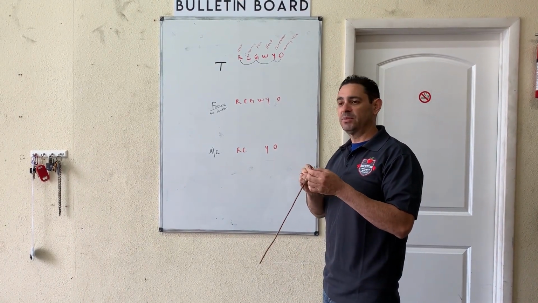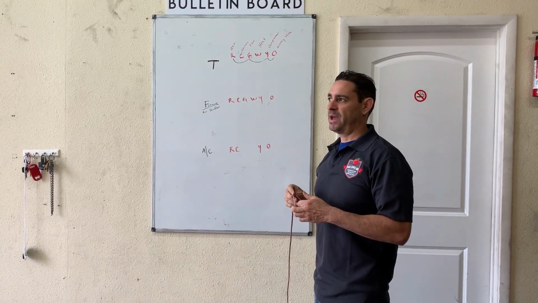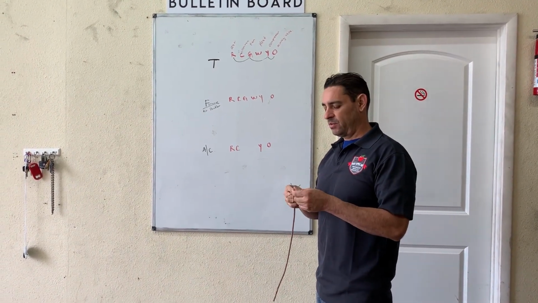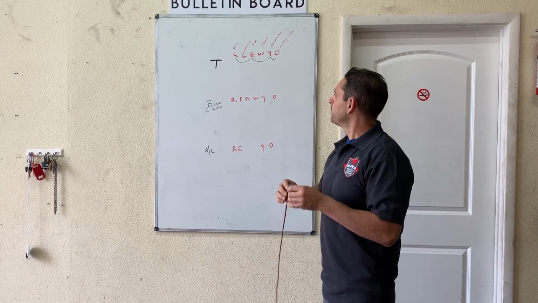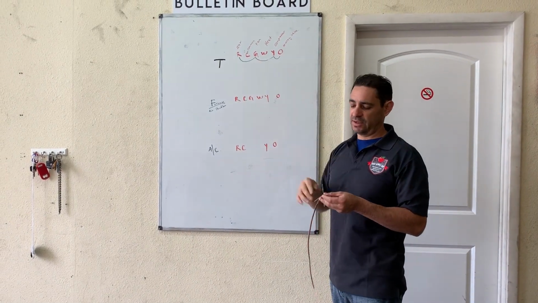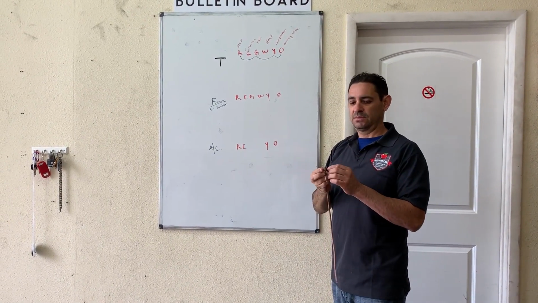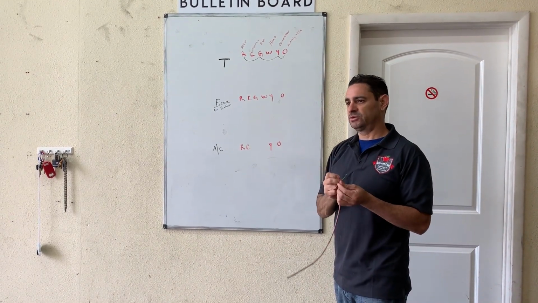So we use red and blue. That's kind of like your red and black in cars, your battery with the positive and negative. For us, red is 24 volts, blue is common. Now, if you want to turn the fan on in your house, what color do you think you want to use? The green. Exactly.